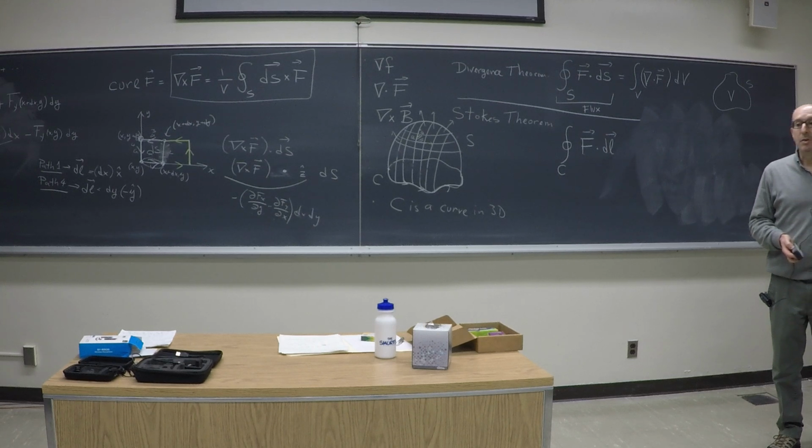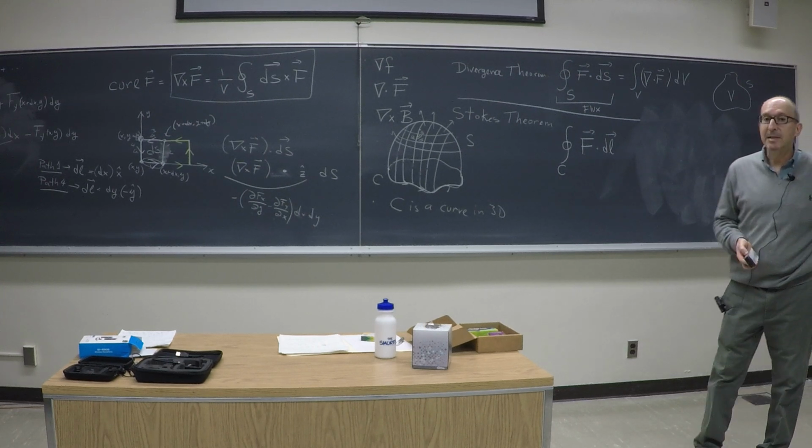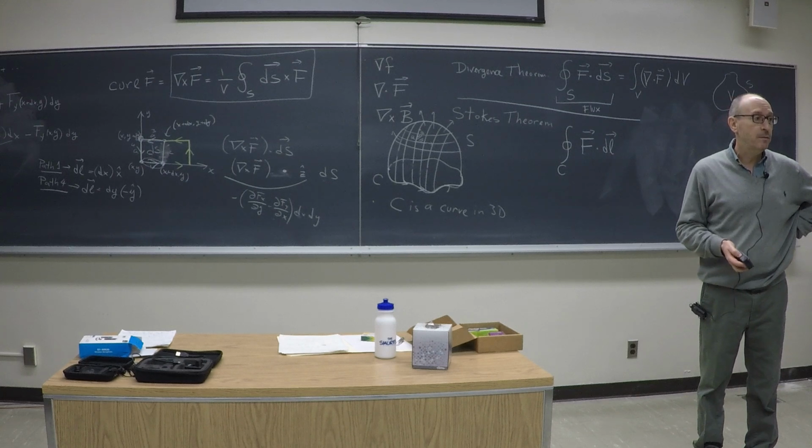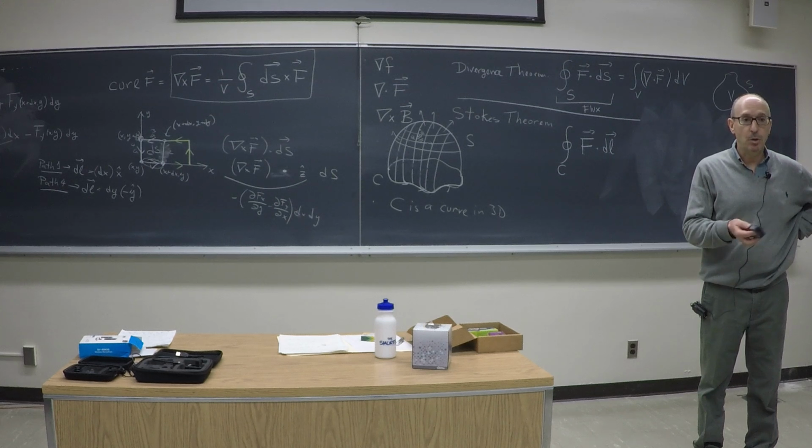We are going to study Maxwell's equations and some very important solutions of Maxwell's equations, and also apply them to some fun problems in optics. Because optics at the end of the day is an application of electromagnetism.